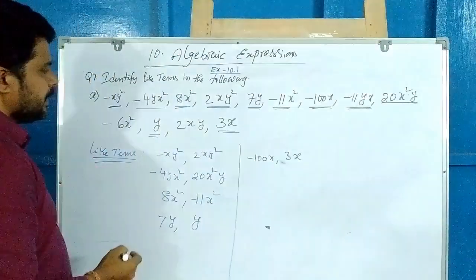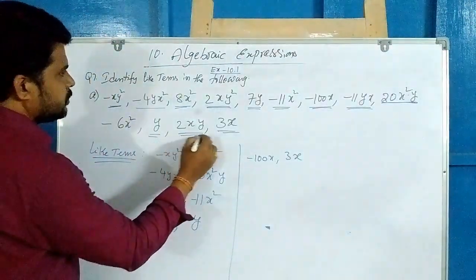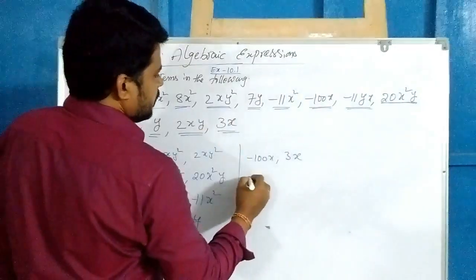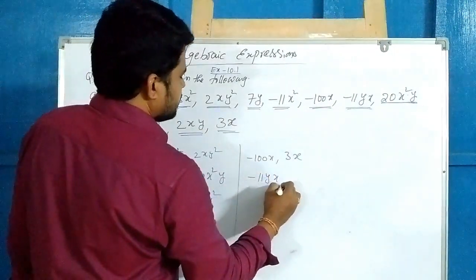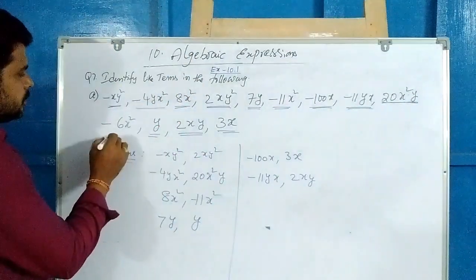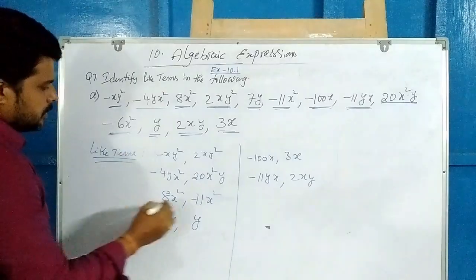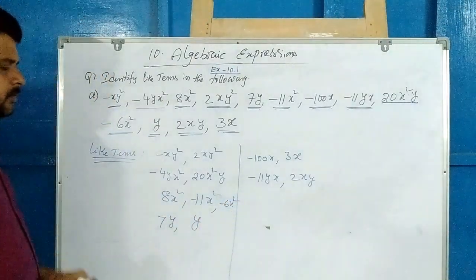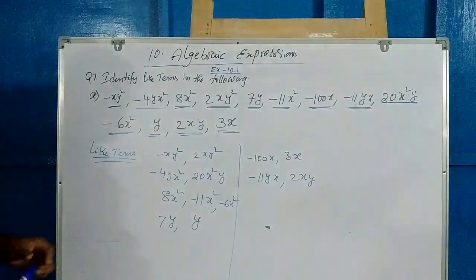Next, yx terms and xy terms. Both are same. yx and xy: minus 11 yx and 2 xy, both are same like terms. So here also one x square is there, minus 6 x square. So these are the like terms.